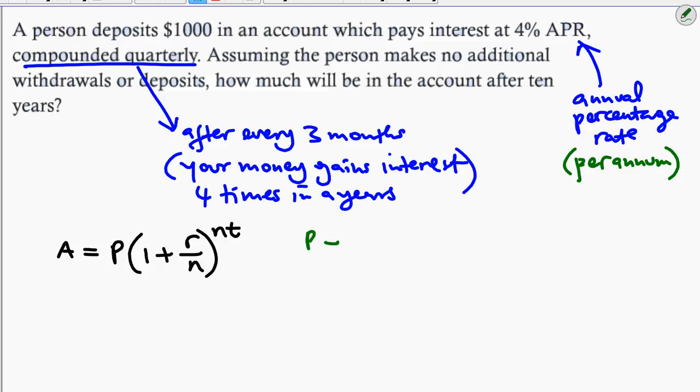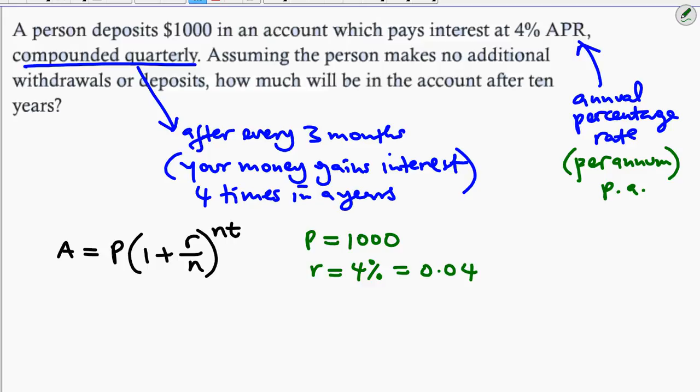Our P is equal to 1,000. Our rate is 4% per year. And by the way, this 4% can be written as 0.04.